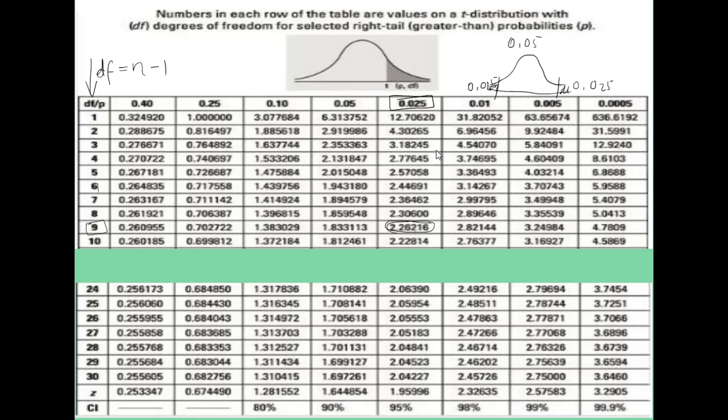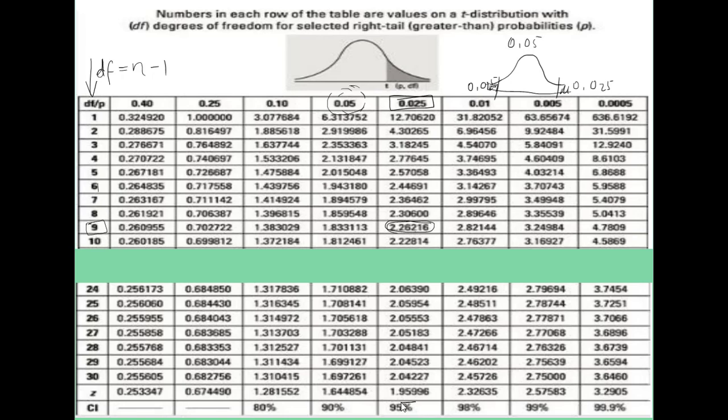Be careful because some students get confused and they pick this column of 0.05. But remember that you have to divide your alpha level by 2 because the t-distribution has 2 sides, right? The left side and the right side. Another way to remember this is just to look at the bottom of this particular table.